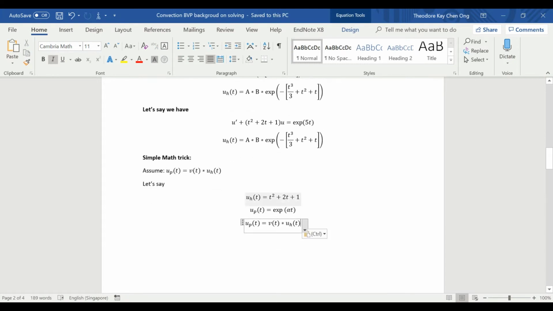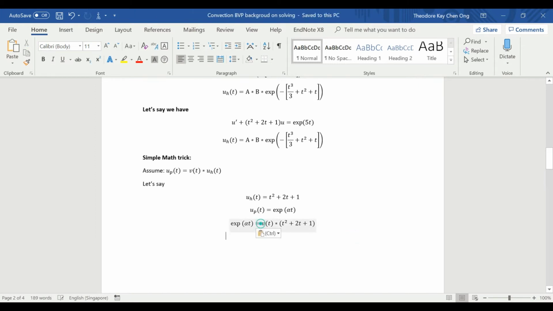Okay, we just substitute this into the homogeneous part, and this into the particular part.